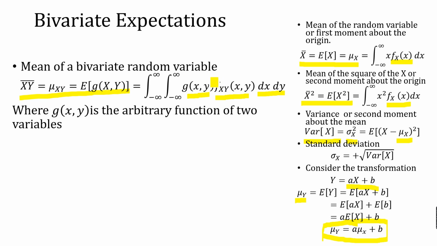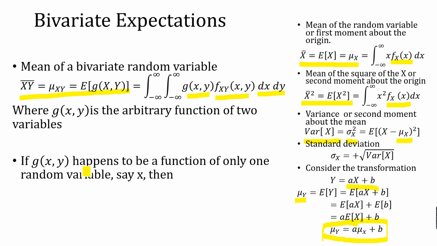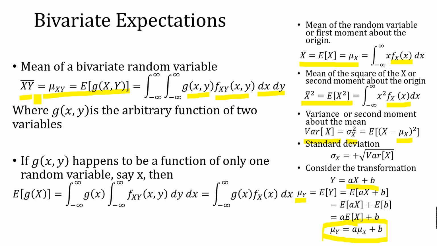Using this, we can calculate E of x. Let us consider one example here. If g of xy happens to be a function of only one random variable, say x, instead of two variables, let us define g of xy only in terms of x. At that time, the mean of g of xy becomes the mean of g of x, and E of g of x comma y becomes only E of g of x.